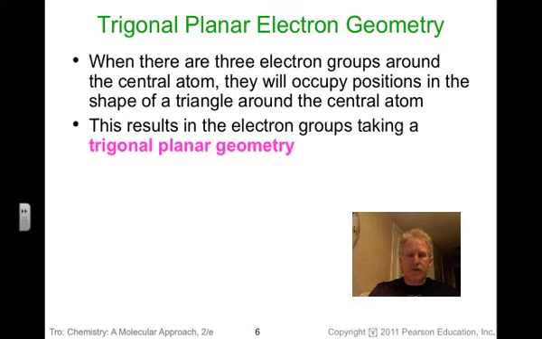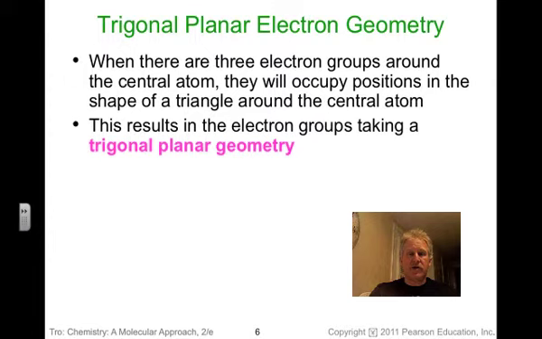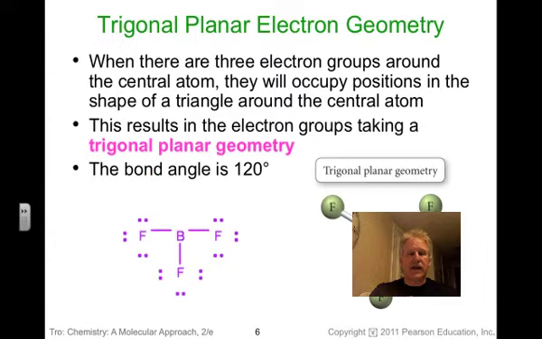Okay. Now we're going to move on to trigonal planar geometry. That was actually the first thing that we looked at. The bond angle is 120 degrees. So we're taking Lewis dot theory, which we talked about on Tuesday, building these molecules first, and now we're going into the geometry surrounding that.